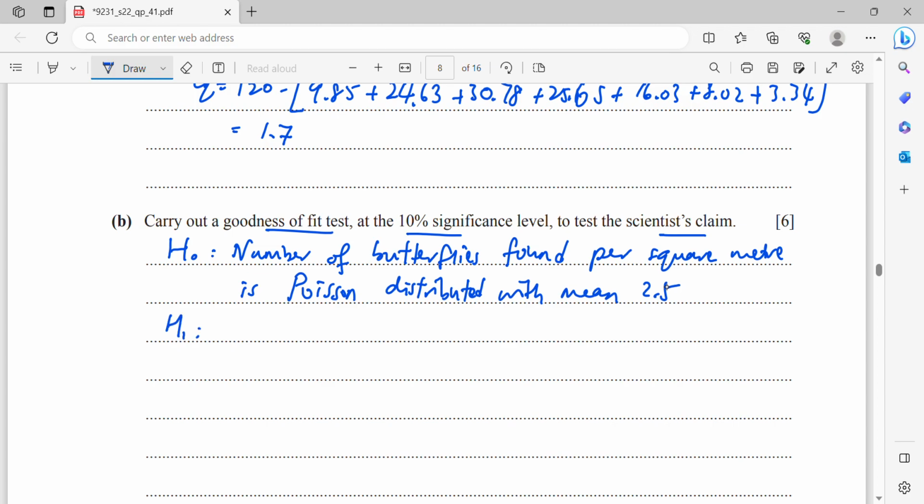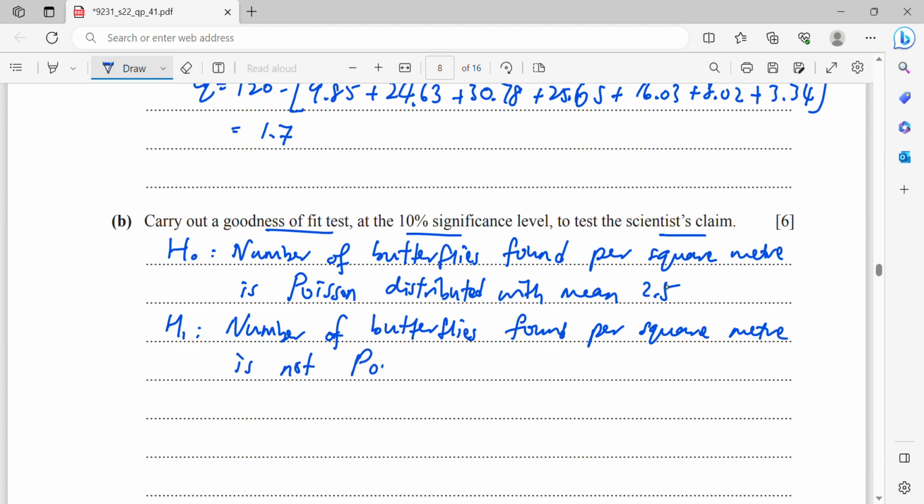Then our H1: the number of butterflies found per square meter is not Poisson distributed with mean 2.5. So we have to rewrite the sentence.